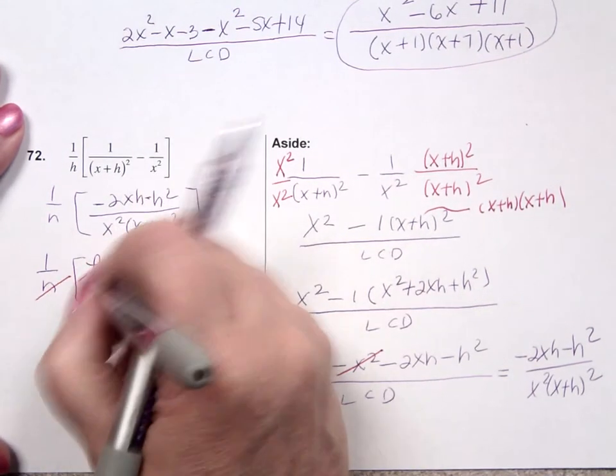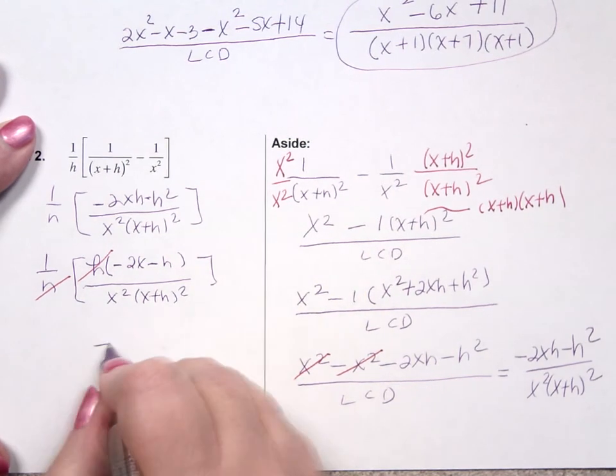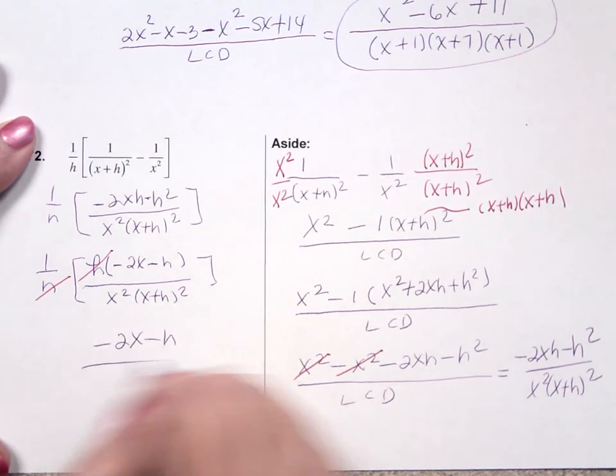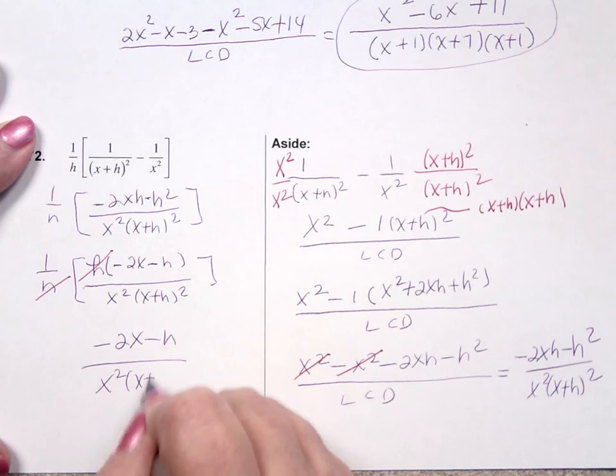The h's reduce out, so I'm left with minus (2x plus h) over x squared times (x plus h) squared.